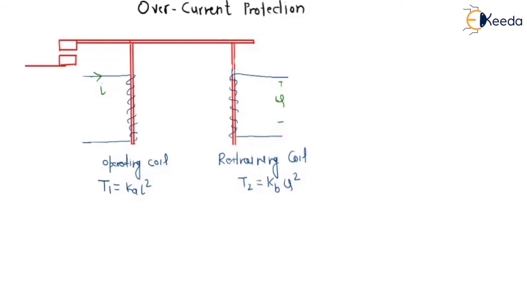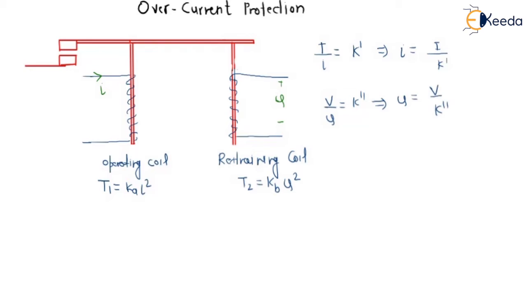Now we know that in case of the CT ratio, capital I upon small i is equal to a constant, let us assume K dash. So we can write small i is equal to capital I upon K dash. In the same way for the potential transformer, capital V upon small v is equal to K double dash, so small v is equal to V upon K double dash.